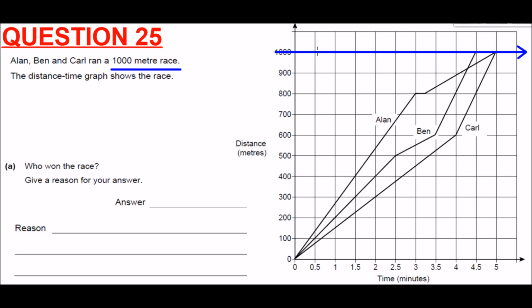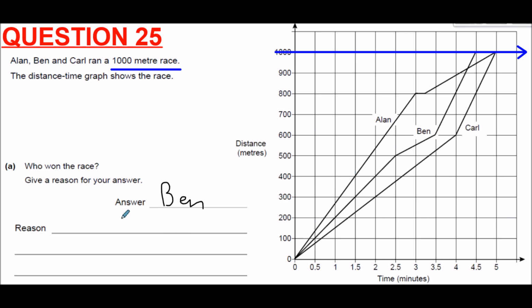So this is earlier, this is later, and so if we have a look who hits the 1,000 metre finish line first in terms of the earliest time, it's this line here, which if we trace it back and down, it's Ben. And so who wins the race? The answer to that one is Ben. And we could say why in terms of just giving times.